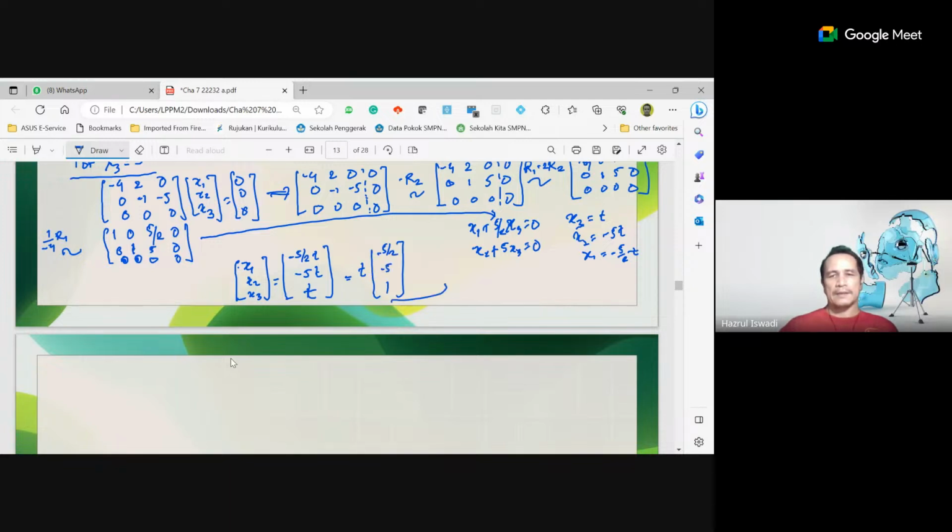So the eigenvector associated with lambda 3 is -5 over 2, -5, and 1.